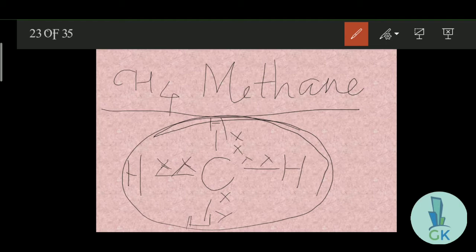So there are 4 bonds. So this is the structure for CH4. Carbon got 8 electrons in its outermost shell and hydrogen got 2 electrons. So in this way we make the structure for methane.